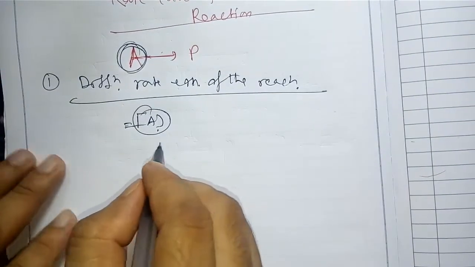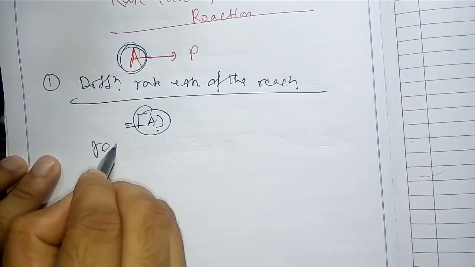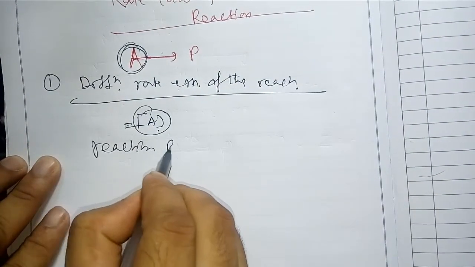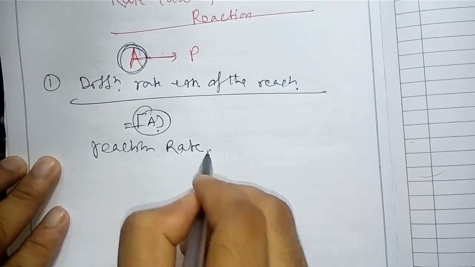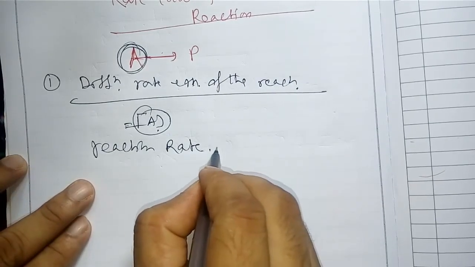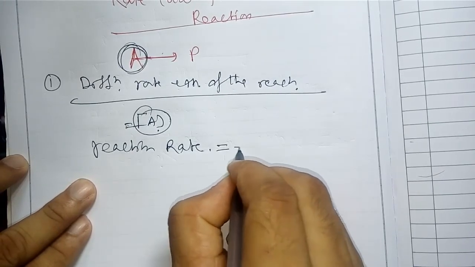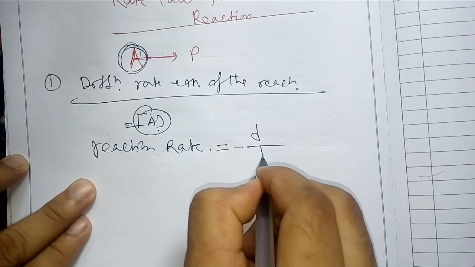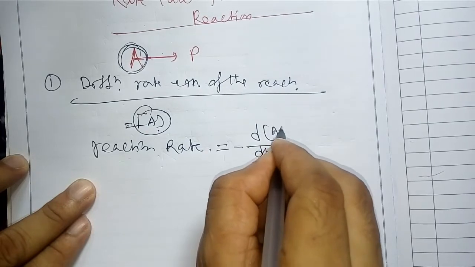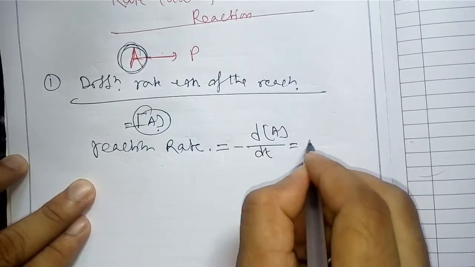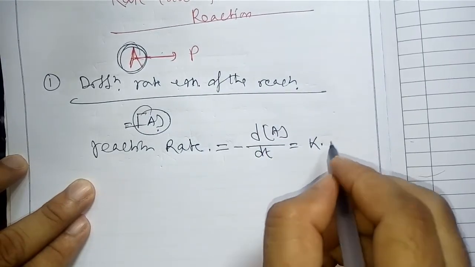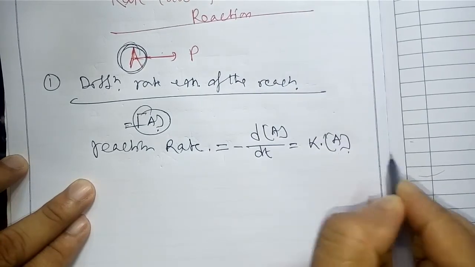The reaction rate equals minus d/dt of the concentration of A, equal to K times the concentration of A.